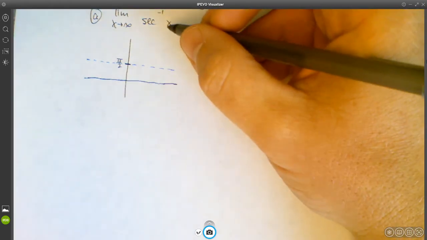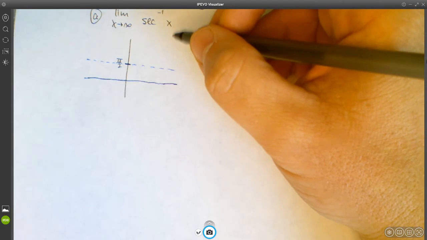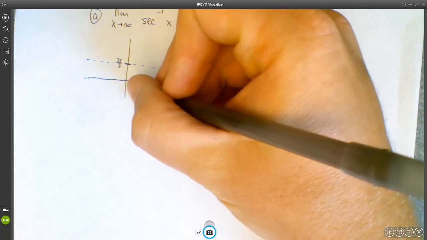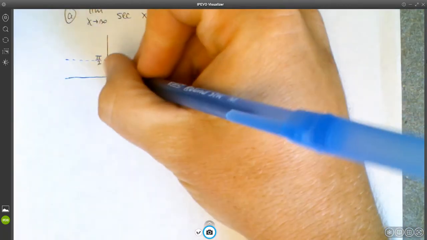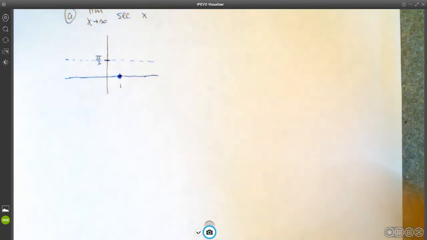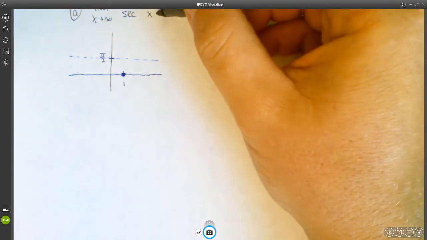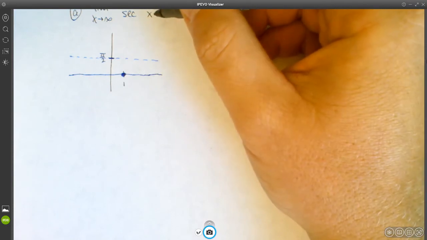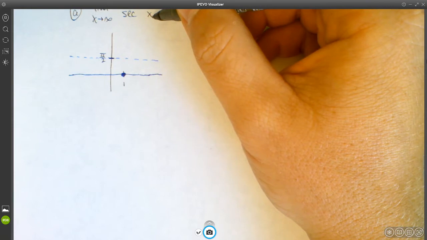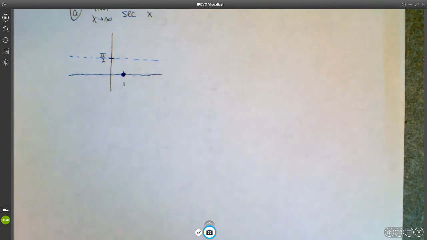I also know that the secant function goes through 0, 1. That means that the secant inverse function goes to the point 1, 0. So if I call this 1, then I've got that point on there. I also know that the secant function goes to the point pi, negative 1.